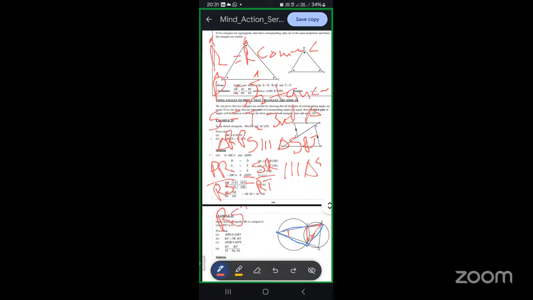RS squared is equal to PR times RT, then you are done. Yeah, that's correct. Does it make sense to everyone? Thank you for giving a try to that question. Does it make sense to everyone, guys?